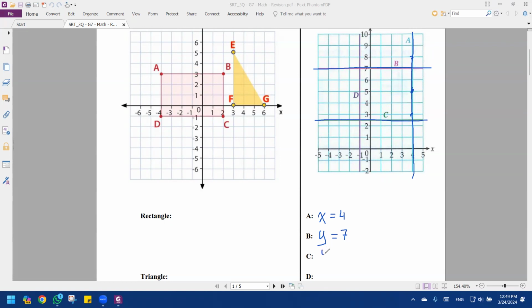So we say that y is equal to 2.5. Now the line D, the last one, it cuts the x-axis at -1. So x equal to -1. So we have to mention, is it x or y, and then equal to, and then the value that we cross.